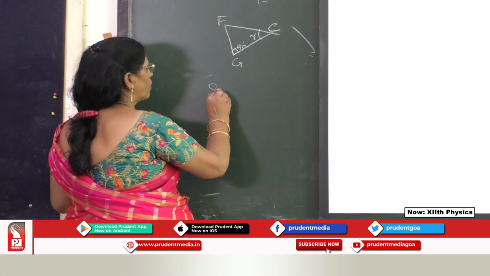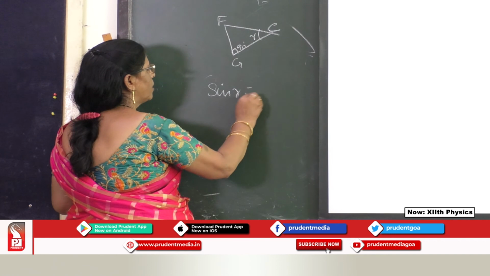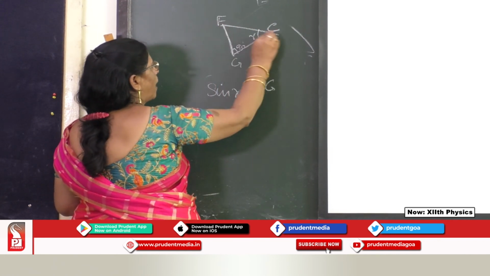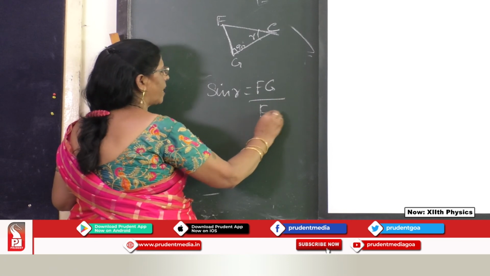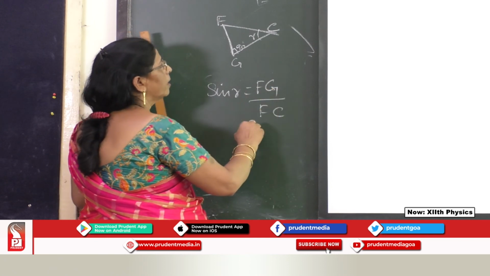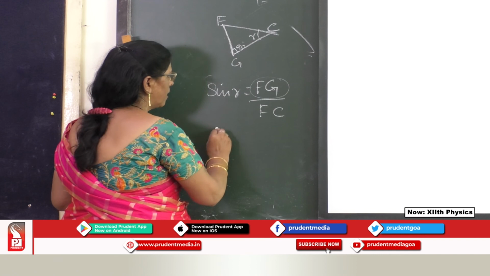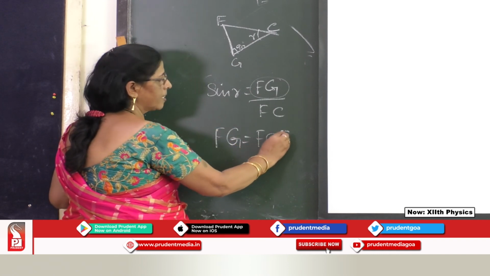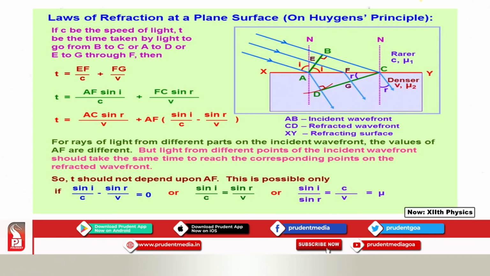Now the value of sine R is equal to FG, opposite side, upon hypotenuse, which is FC. Now what is the value of FG? FG is equal to FC sine R. So this is what I have written over here. So EF is AF sine I, FG is FC sine R. Okay, now I'll move to the next one.